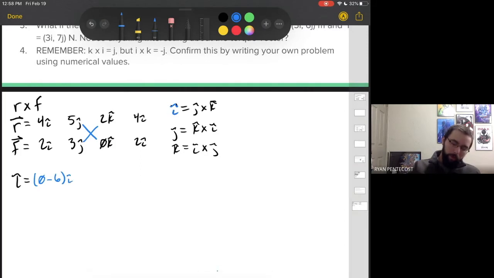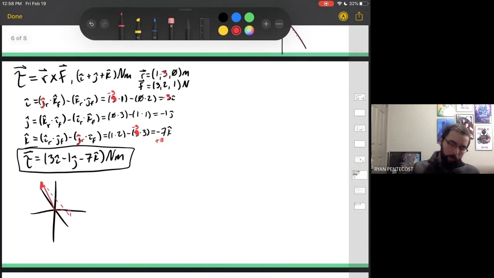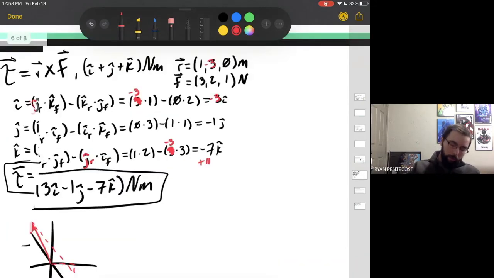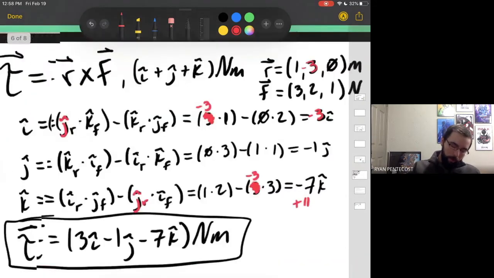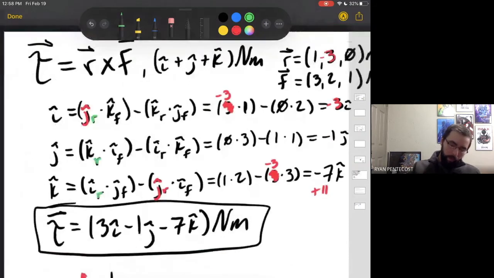Now for our j, this is why I wrote that i a second time, because you take your k cross i, and remember you always start with the radius. We talked about that up here. R always goes first.